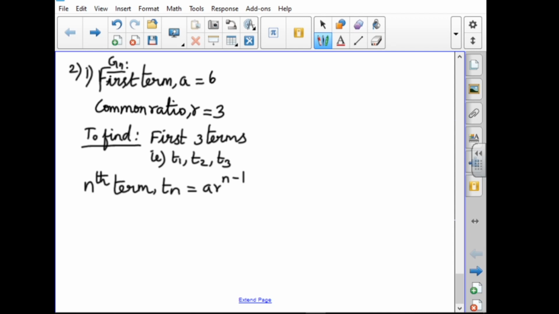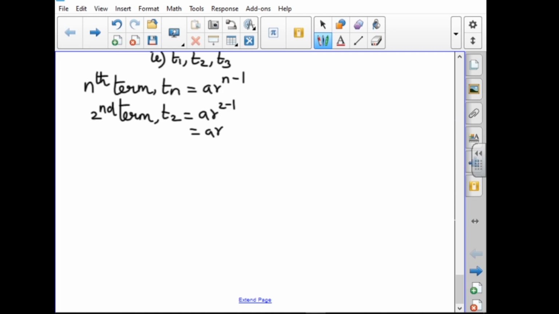Now, we find second term. Second term, that is T2, that is A into R power 2 minus 1, that is AR. Now, substitute the value. A is given as 6, R is 3, so the answer will be 18. So, T2 equal to 18.